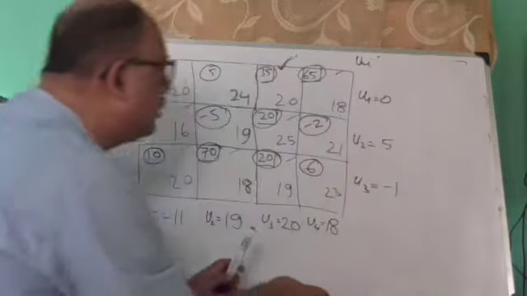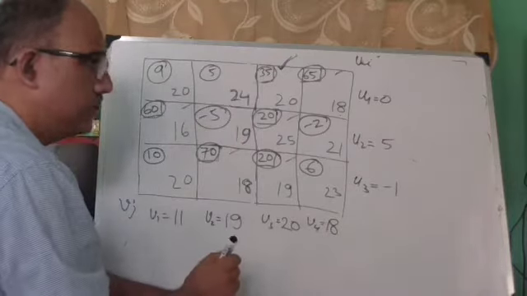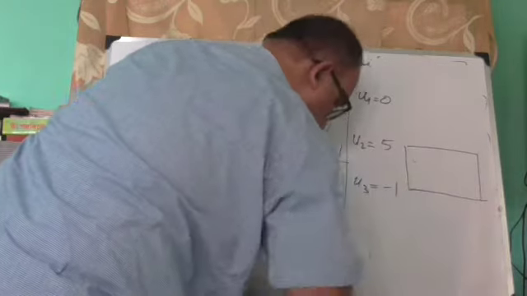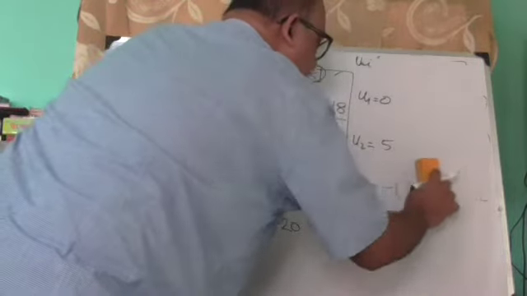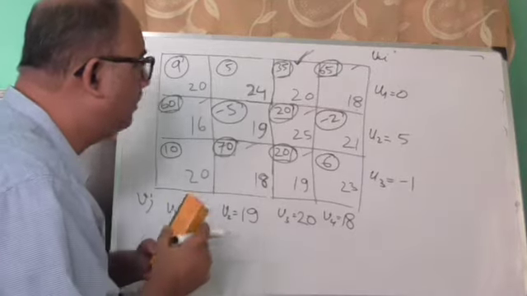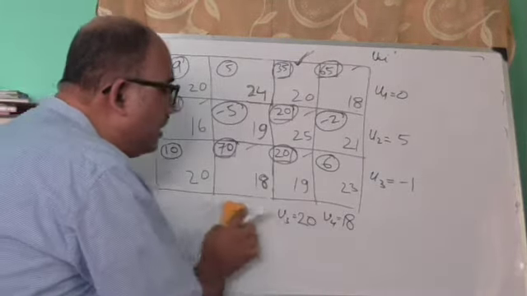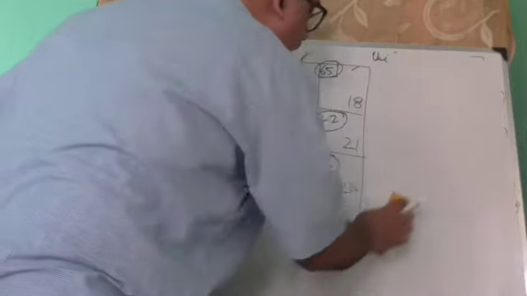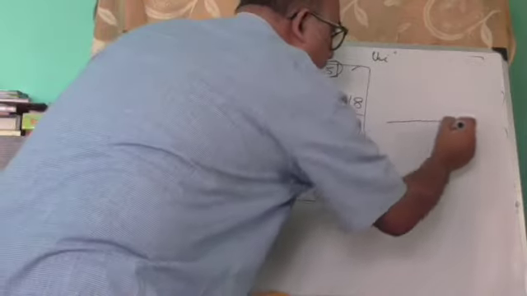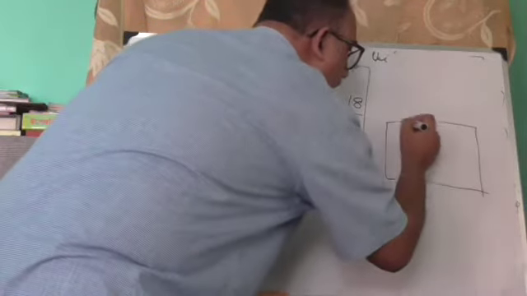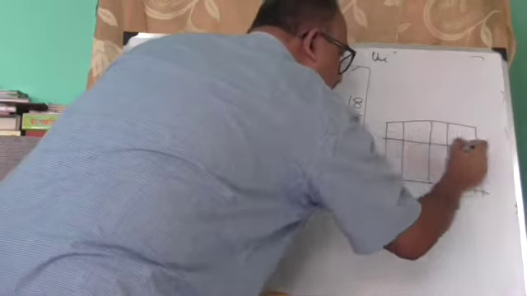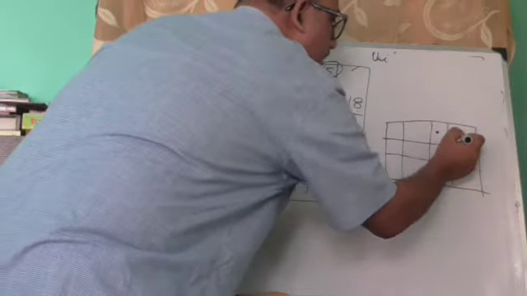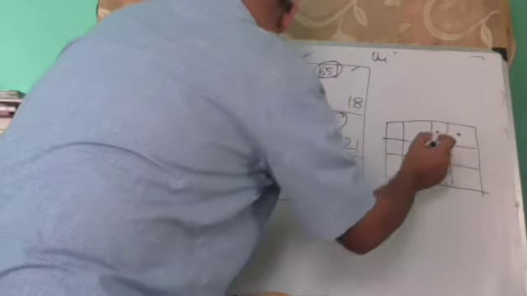Now to improve the solution, what you have to do is draw a very small prototype of the cost matrix and plot. I'll just indicate the allocated cells over there by a dot. So these two are my allocated cells.